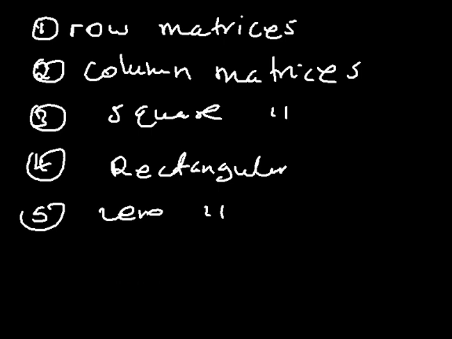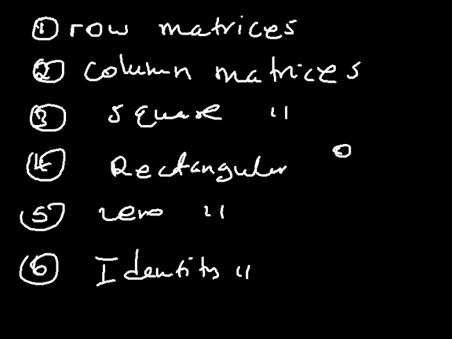And finally we have what we call the identity matrices. What are the identity matrices? On the identity matrices, the members have to be zeros and ones. The orientation matters.